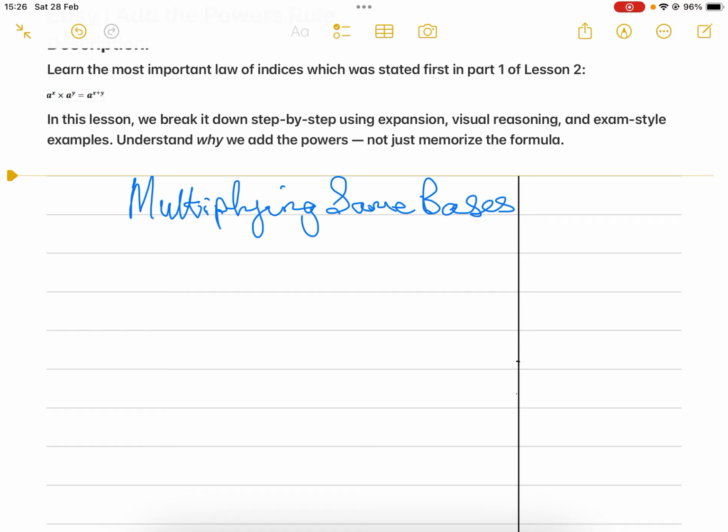When multiplying powers with the same base, we add the indices. This we learned from the previous 2 lessons.